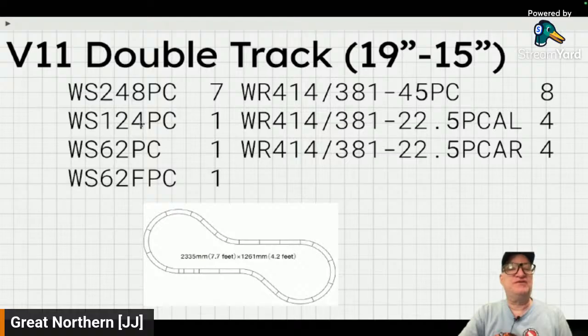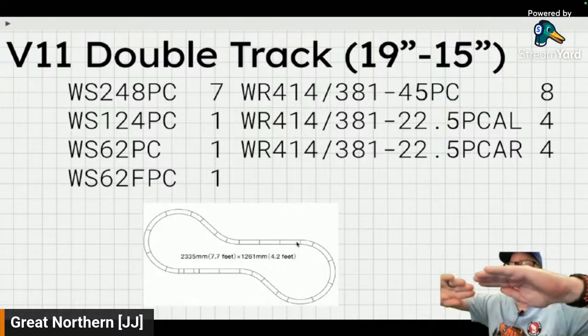So 248, 124, 62. Okay, so the longer pieces are 45 degrees. And then what is this 22 and a half? Well, these are called easements. Because they're super elevated, you need to transition coming from a regular piece of track to super elevated.